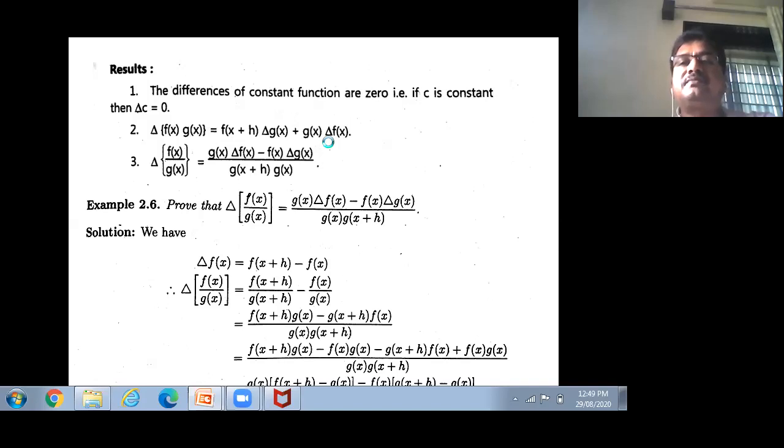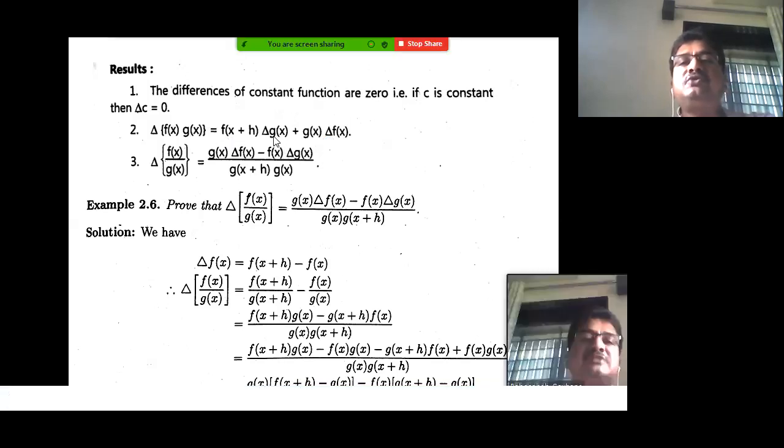So this rule is similar to the u into v rule, but the change is that here, instead of fx, there is f of x plus h.